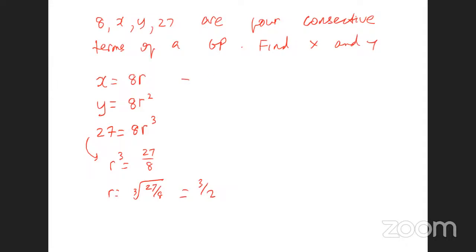Therefore, x is 8 times 3 on 2, which is 12. y is 8 times 3 on 2 squared, which is 18. So x is 12 and y is 18. That gives us an idea of how to work with different terms.